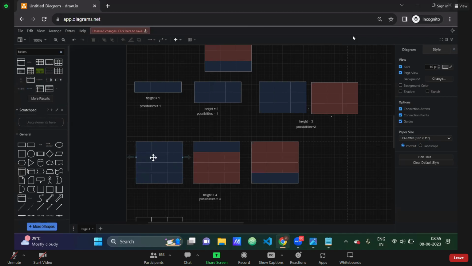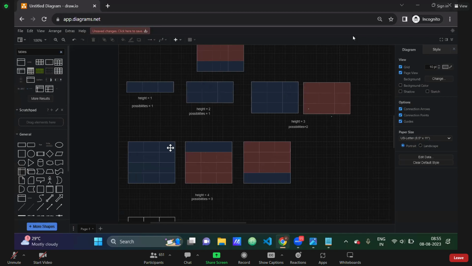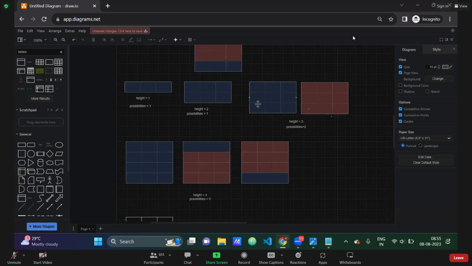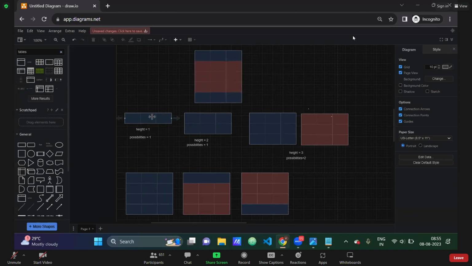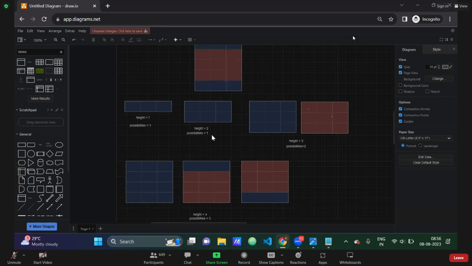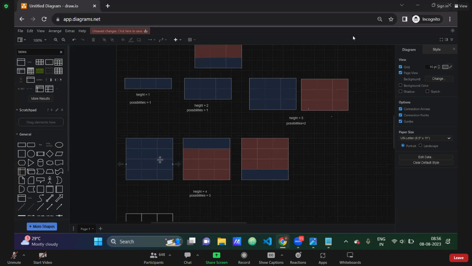So what I can do, I can add the possibilities of 3 by 3 plus possibilities of 1 by 3. Getting my point? So if we combine both the possibilities, you'll get the answer for 4 by 4. Got it?